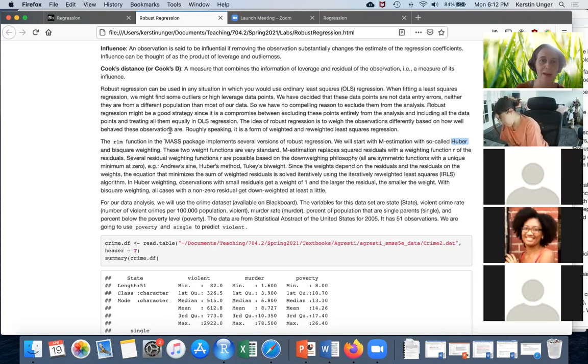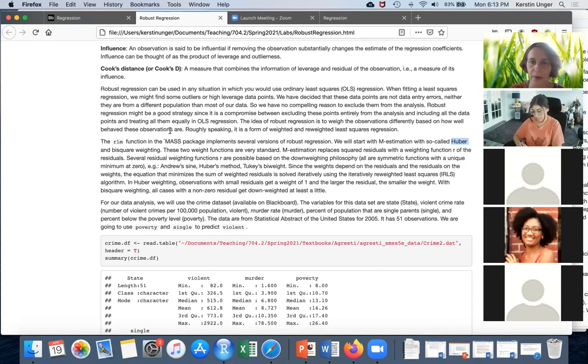We might have cases that have really huge studentized residuals, cases that do not correspond to our regression model, especially if they are not included in the calculation of the model, if they are deviating from the model that is estimated based on all other data points. Then we want to reduce how much weight those data points have when estimating the coefficients, so estimating the regression equation.